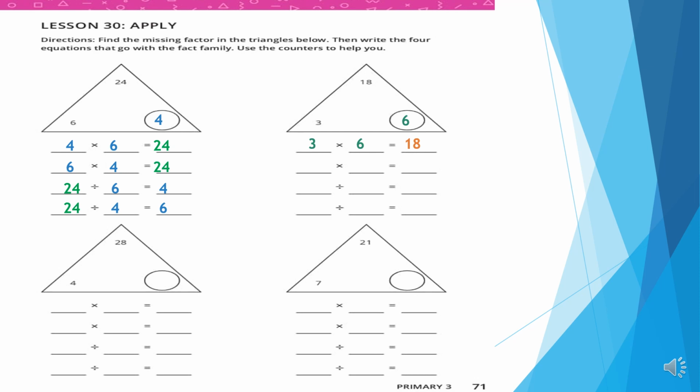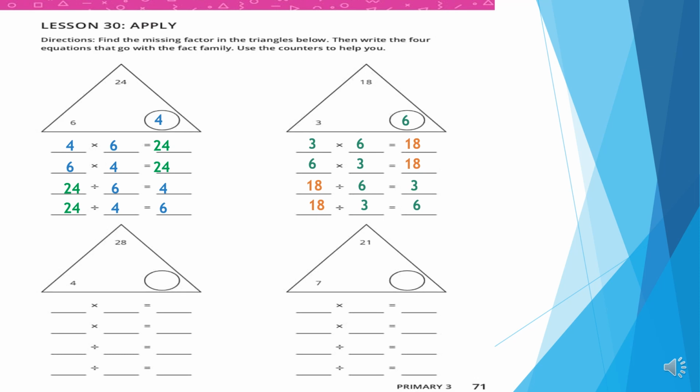Who can give me the commutative property for it? 6 times 3 equals 18. And the division equations will be, we must put the big number first. 18 divided by 6 equals 3. And 18 divided by 3 equals 6.